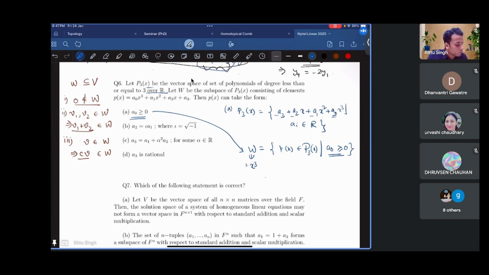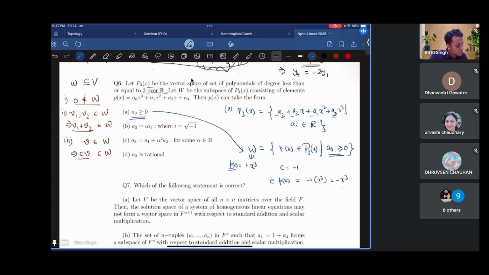But choose c equal to -1. So this is px equal to x cube. Now multiply c equal to -1 with this vector p. Then c times px will be -1 times x cube, which is minus x cube.